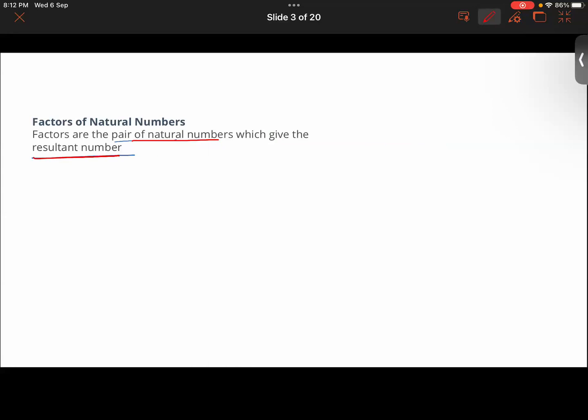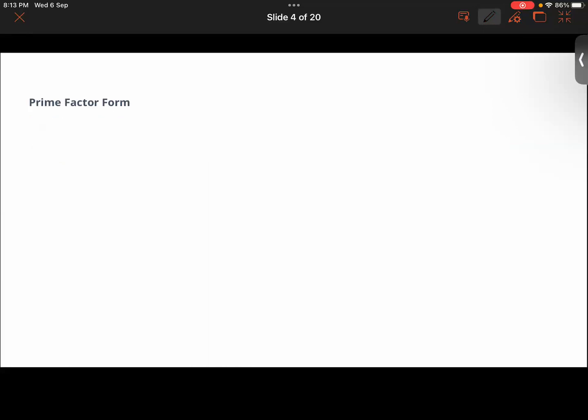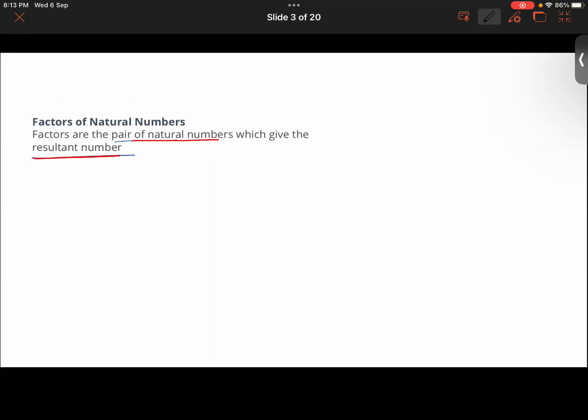So you see, an expression can also be factorized into the product of its factors. Till now, we were talking about natural numbers only. But what if you were to have variables? For example, if you have an expression like 9x square. If you remember, in the chapter linear equations in one variable we discussed it.